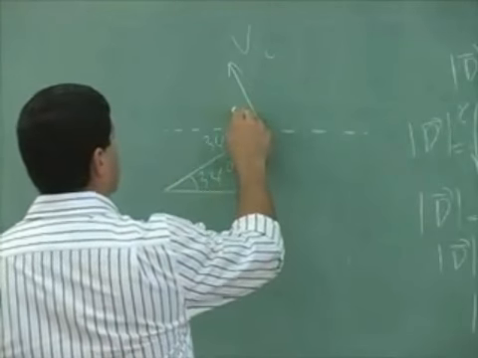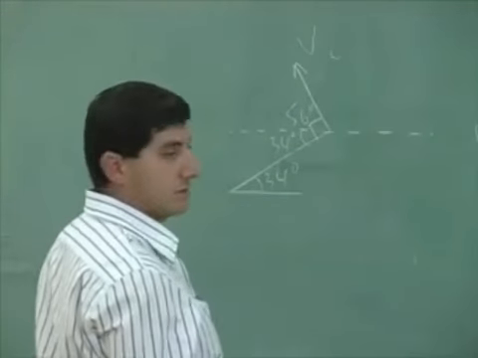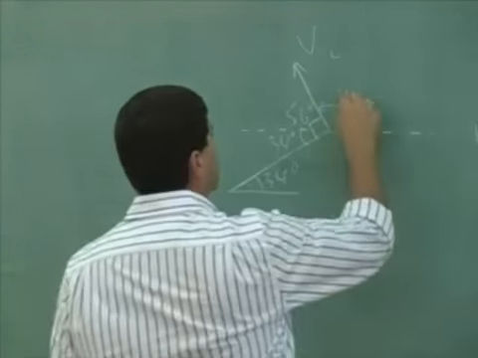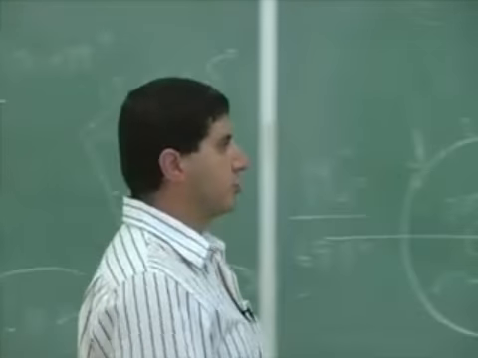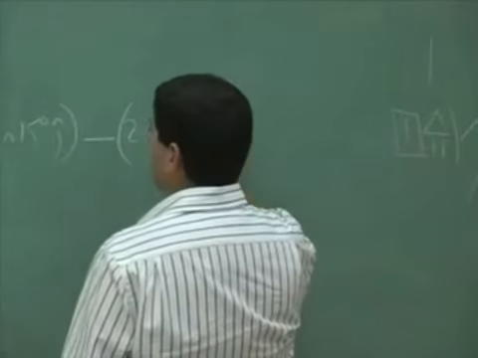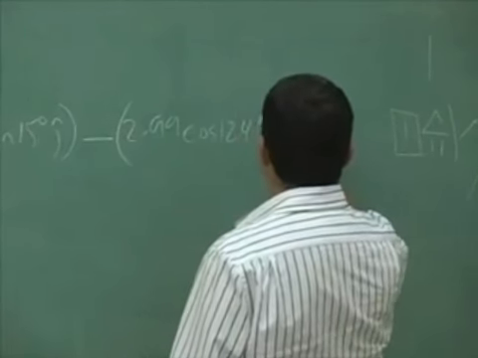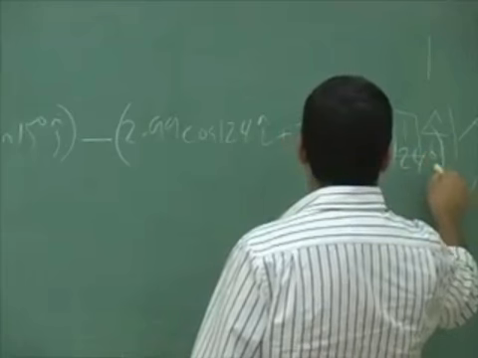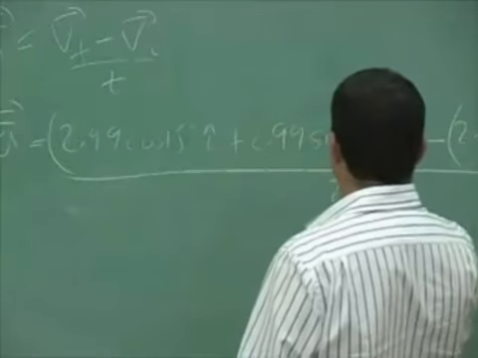So this is 90 minus 34, which makes it 56. And then this would be 124. There you go. Some good geometry. So now break that into its components: 2.99 cosine of 124 i hat plus 2.99 sine of 124 j hat, divided by t, which is 22 seconds.